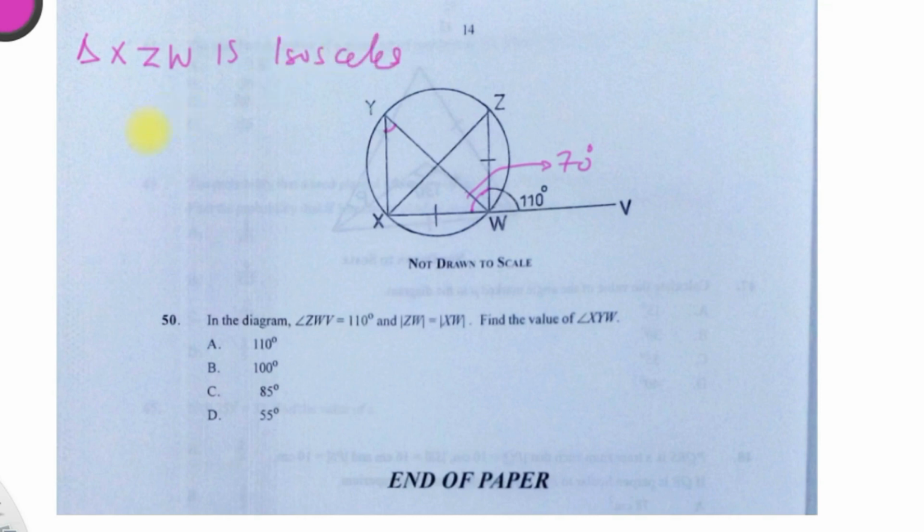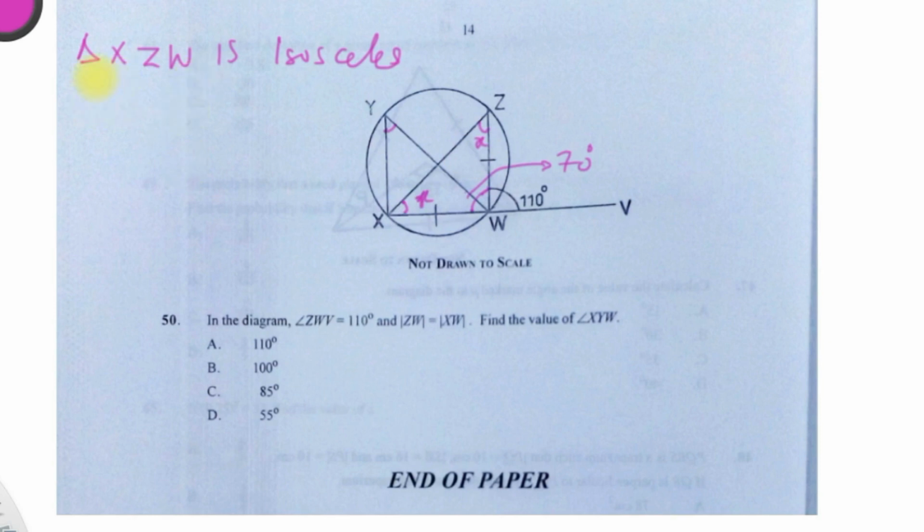If this is an isosceles triangle and we know this angle, the base angles must be equal. So let's denote the base angles by x.